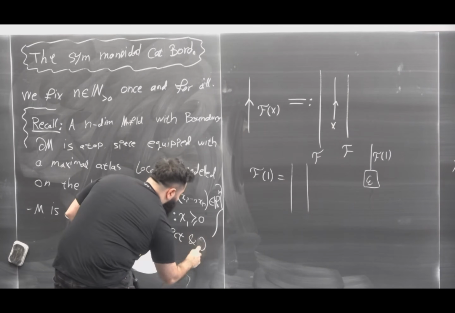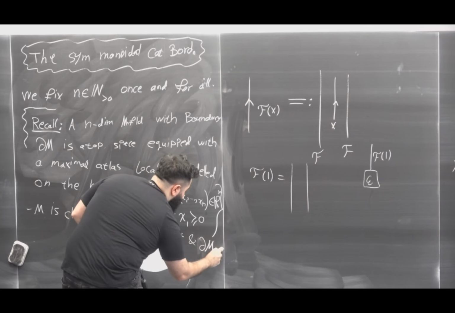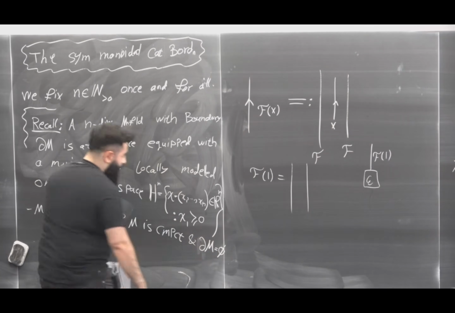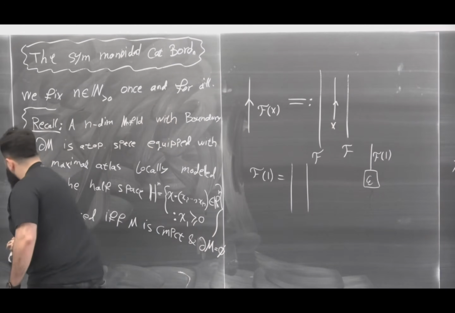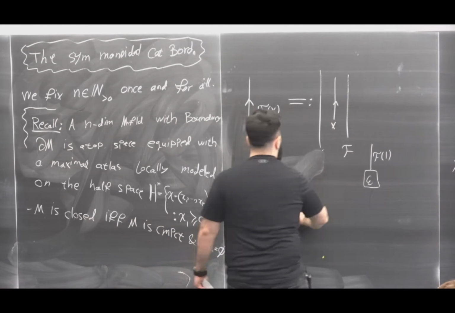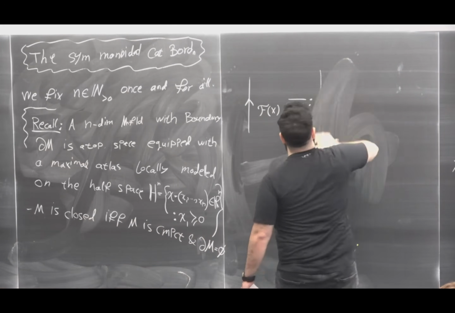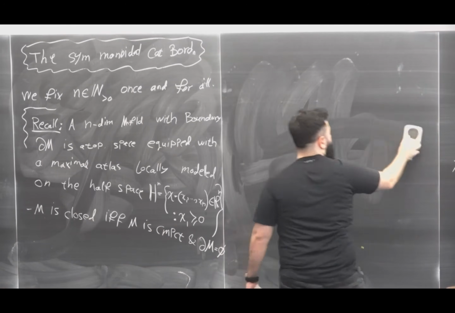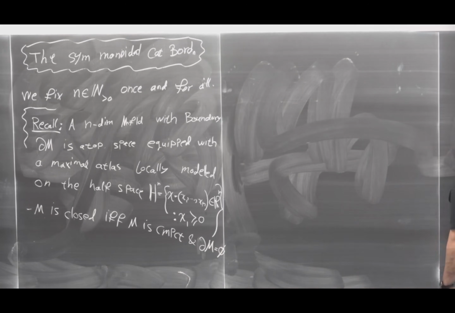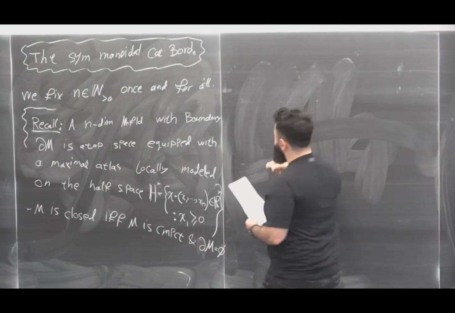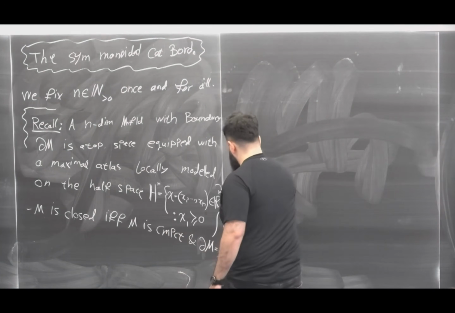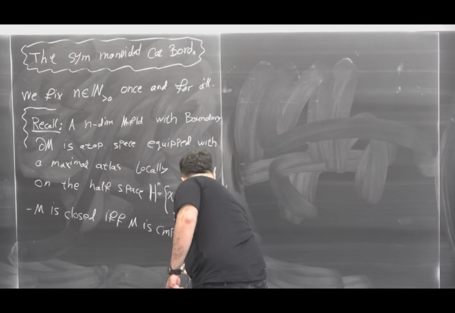That's just an abbreviation. So the boundary of M is the empty set.